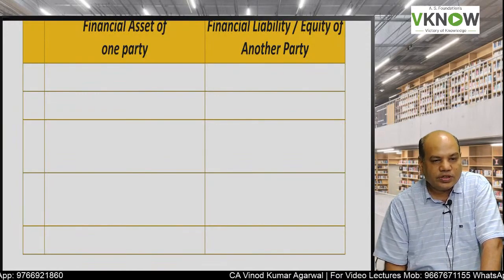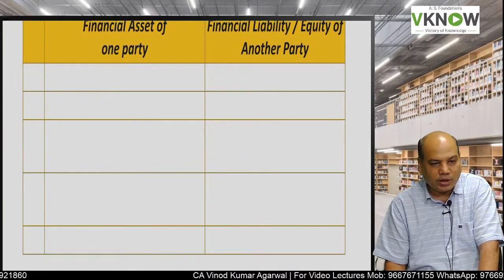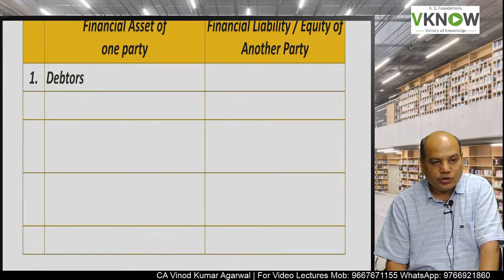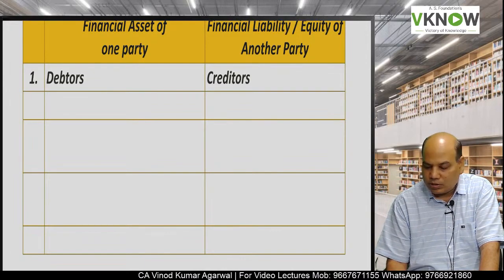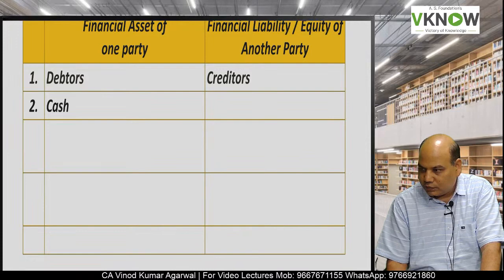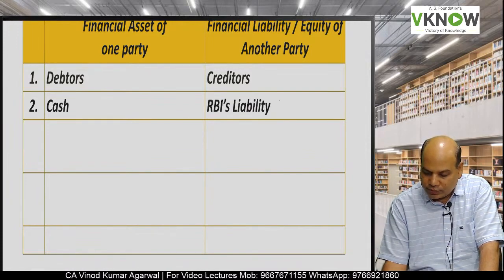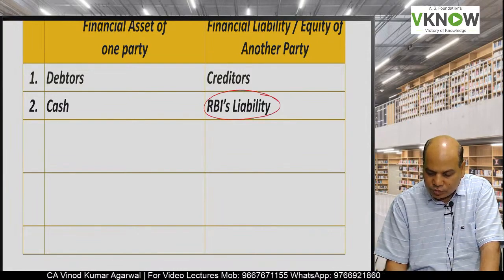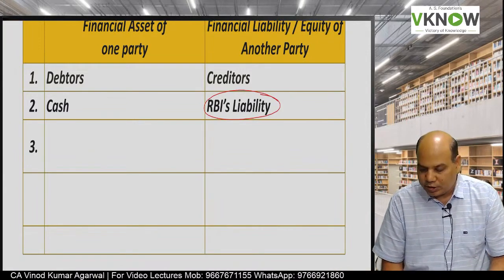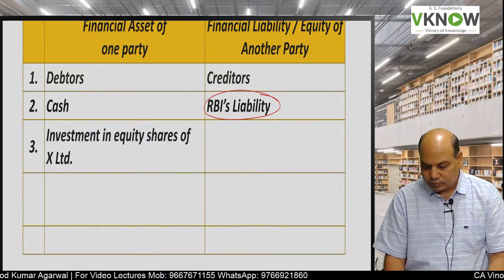So I'll give you some examples to understand financial asset and financial liability or equity. For example, one party will show debtor, the other party will show creditor. One party will show cash, the other party will show, or it is a liability of RBI. So cash is a financial asset for one party and it is a liability for RBI. Then investment in equity share.